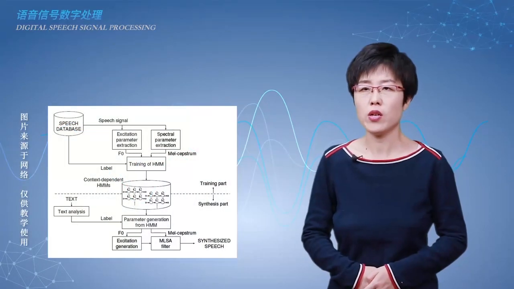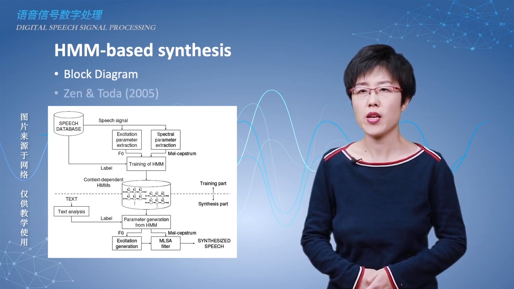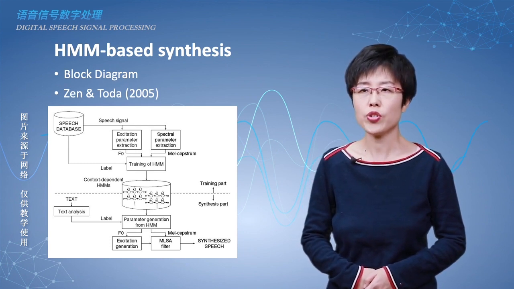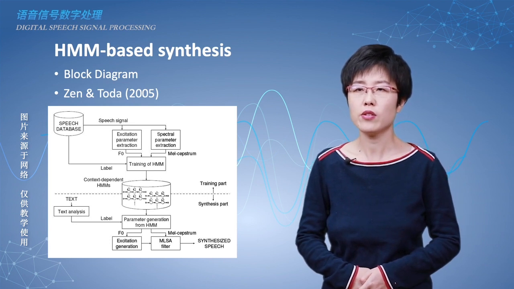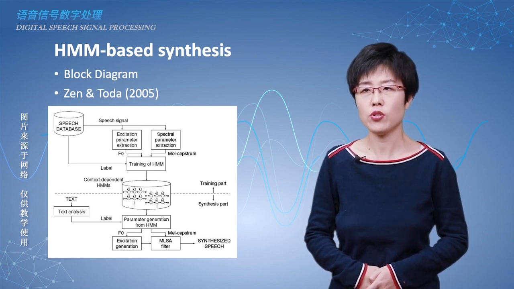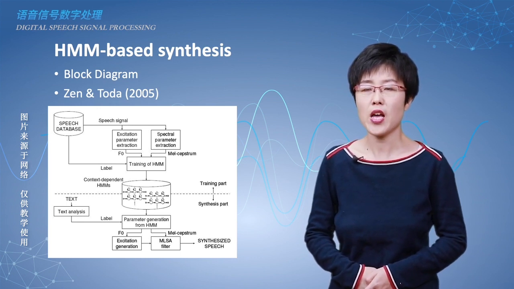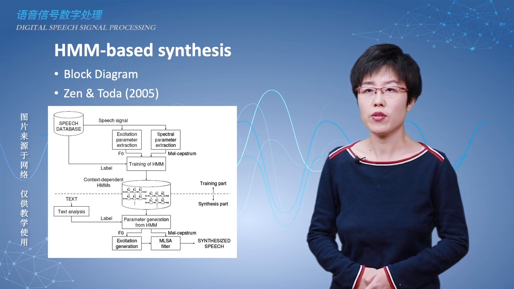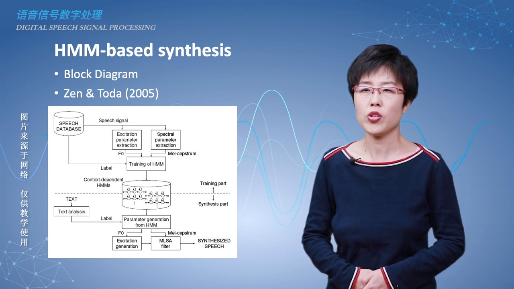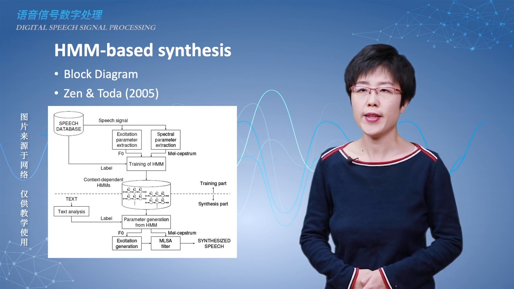The figure shows the block diagram of HMM-based synthesis by Zhang and Toda in the year 2005, which includes a training part and a synthesis part. Speech synthesis needs to extract F0, which represents the excitation parameters, and MFCC features, which are spectral parameters, and extract annotation information of the relevant text, that is the label, to train the HMM.